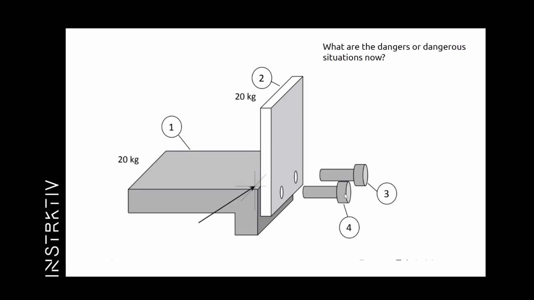So what are the dangers or dangerous situations right now? These can only be identified by means of a risk assessment. For example, by changing the weight, we're talking about some mechanical hazards, so pinching and losing stability could be two risks, and some ergonomic hazards such as excessive exertion.